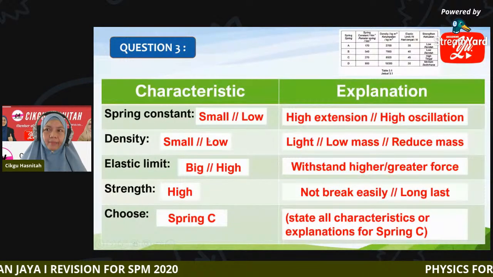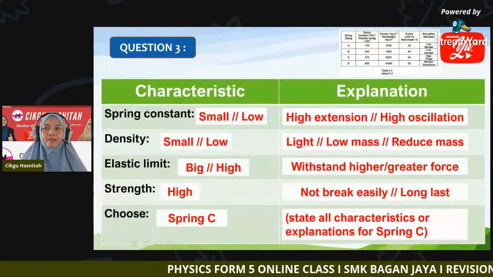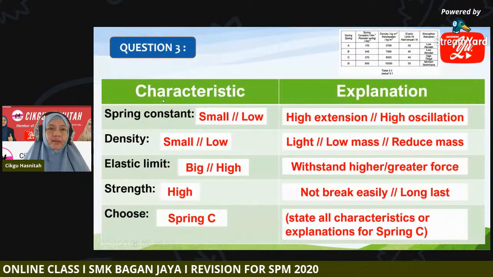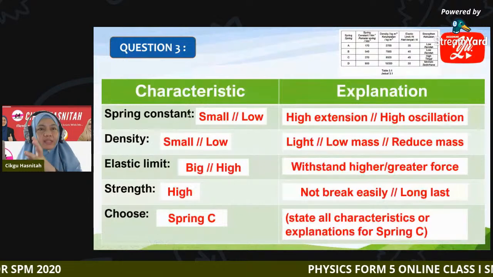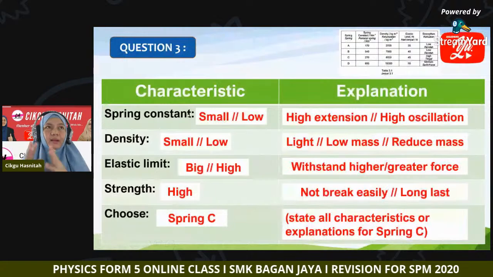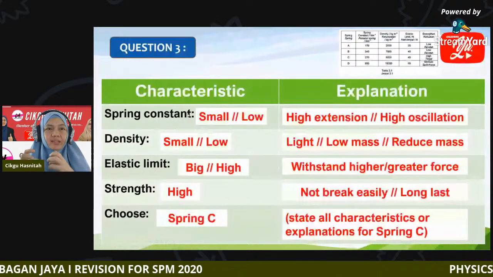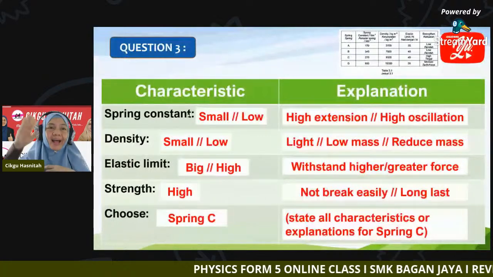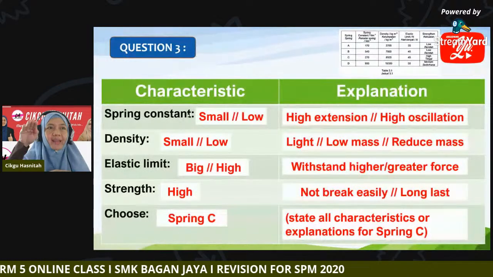Again, here in the first point, the spring constant. Why do we choose a spring with a low spring constant? Remember class, what is the relationship between spring constant and stiffness? Stiffness means the hardness of the spring. A spring with a high spring constant is stiffer, harder. A harder or stiffer spring is not suitable to make a cradle because it is very difficult for it to oscillate.